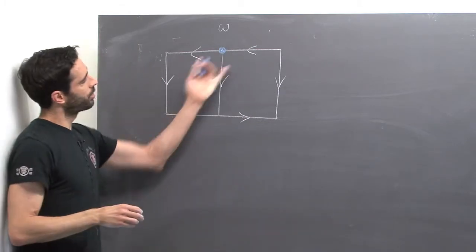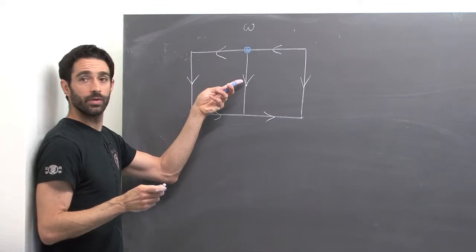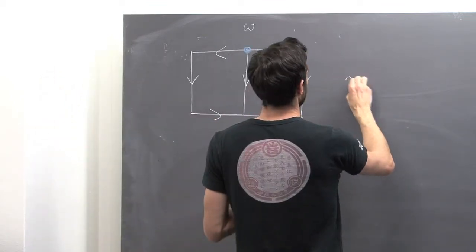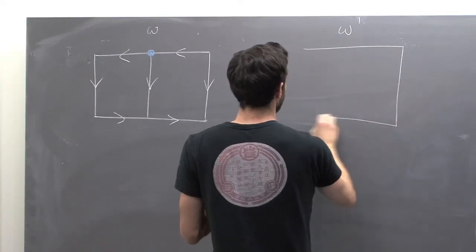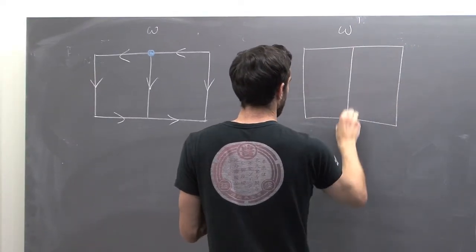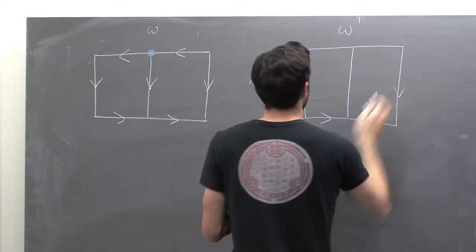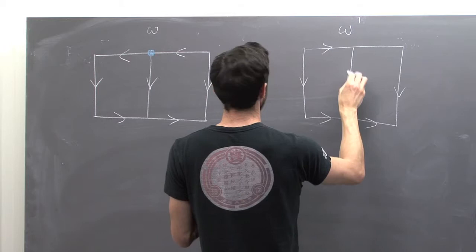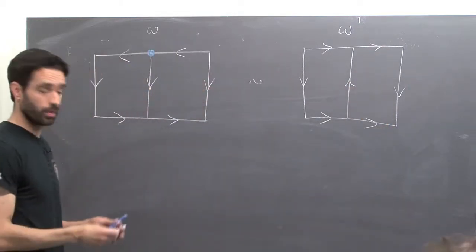And I invert the orientation of each edge that is adjacent to this vertex. This is equivalent to omega prime, which is the same thing except that I have inverted all the orientations that were adjacent to the vertex.